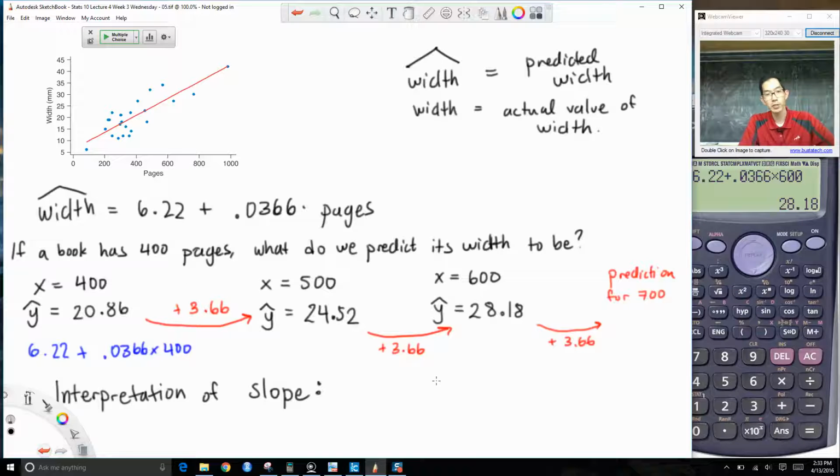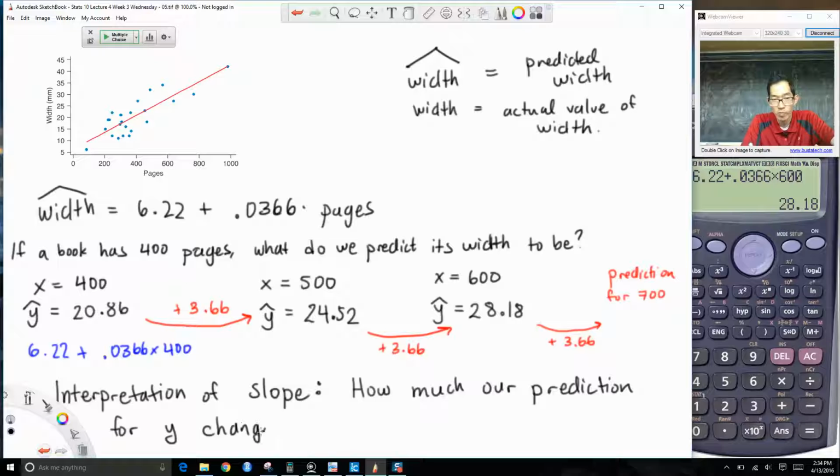Okay, so the interpretation of the slope is how much our prediction for y will change if the value of x goes up by 1.